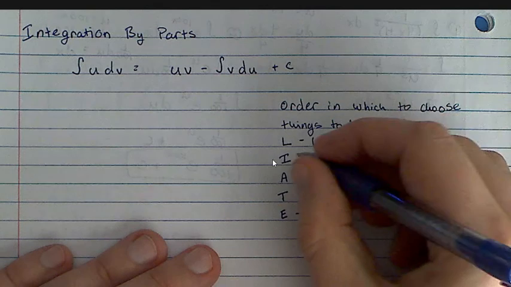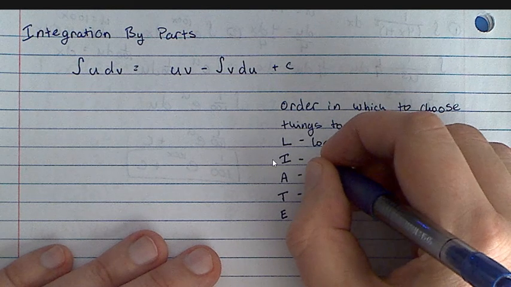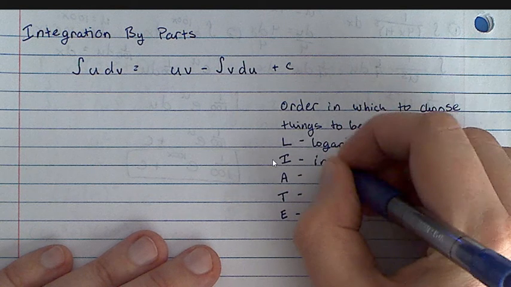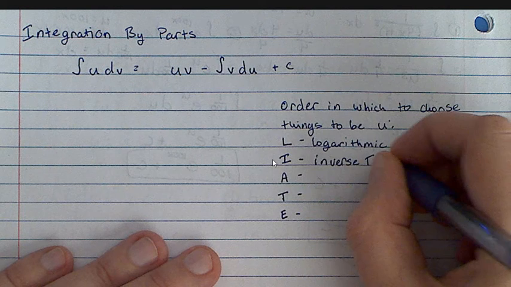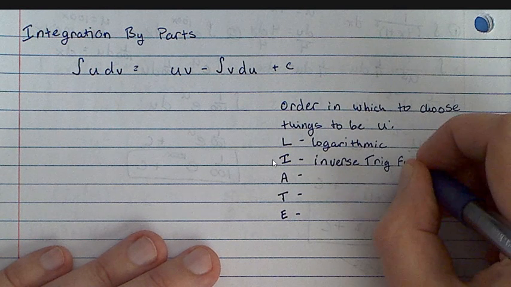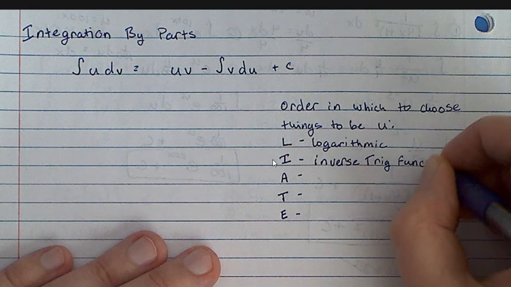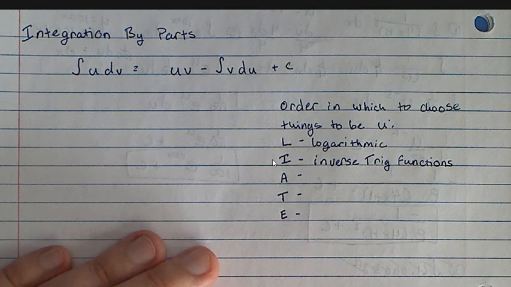I is inverse trig functions, and we haven't done anything with inverse trig functions yet, but we're going to. Inverse trig functions are arcsine and arccosine. So logarithmic, inverse trig functions.